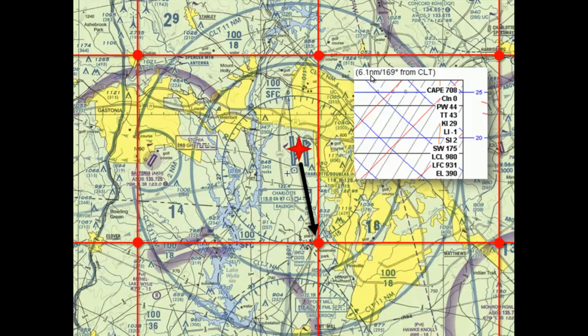And it's 6.1 nautical miles on the 169-degree radial, in this case from the Charlotte Douglas Airport. It's important to understand where that point is, because if that point was, let's say, over an ocean or lake or maybe even mountainous region, it might not be representative of what's exactly at the airport. So be careful when you look at exactly where that is in relationship to the airport.